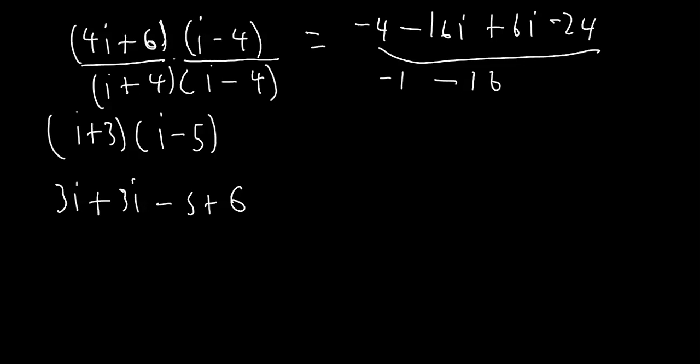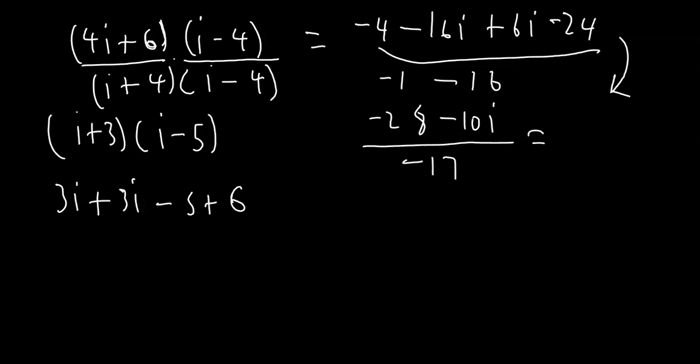Okay, so if you're confused by the lack of parentheses, I put them there. So then this comes out to be negative 4 minus negative 24, which is negative 28. And then negative 16i plus 6i is just negative 10i, over negative 1 minus 16, which is negative 17.